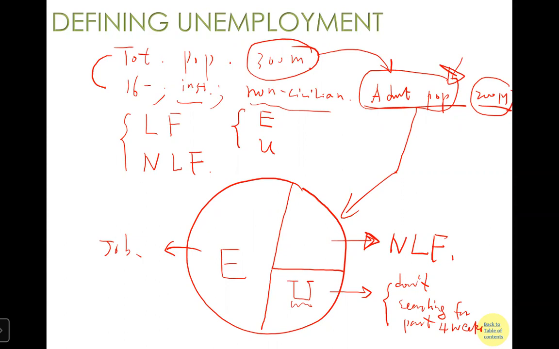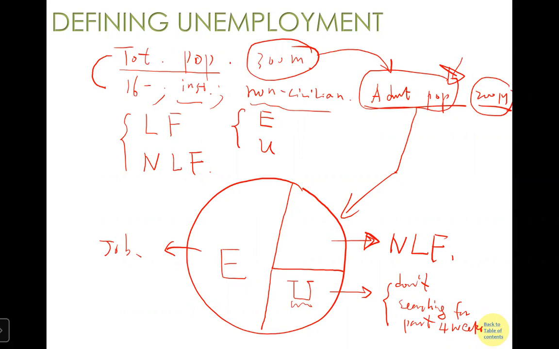Remember, where we start is the total population, so the labor market is just a subset of it. We exclude someone too young, and someone who is institutionalized. But regardless of how old you are, even if you're 80 or 90, you're still considered adult population as long as you're not in a nursing home.